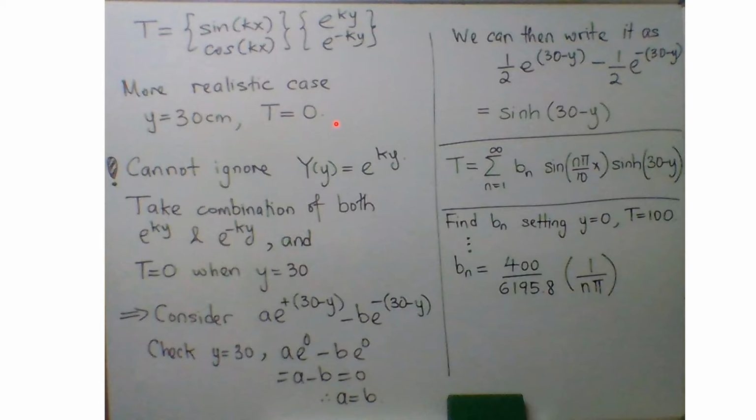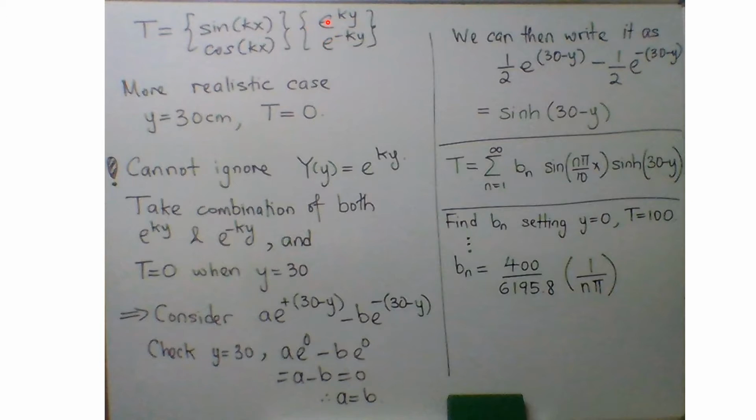So when you have a finite case, you cannot ignore the exponential ky, because if you remember, for the semi-infinite case, where y extends to infinity, the exponential ky is not going to be a solution to your partial differential equation.